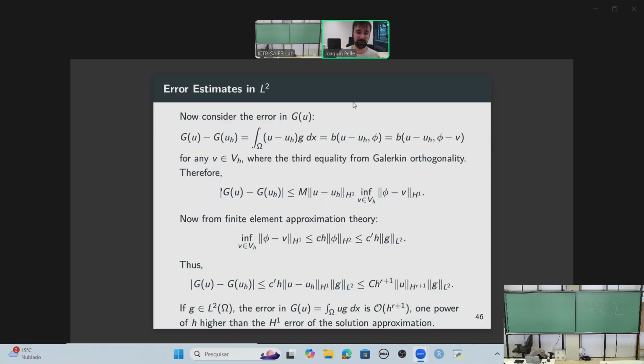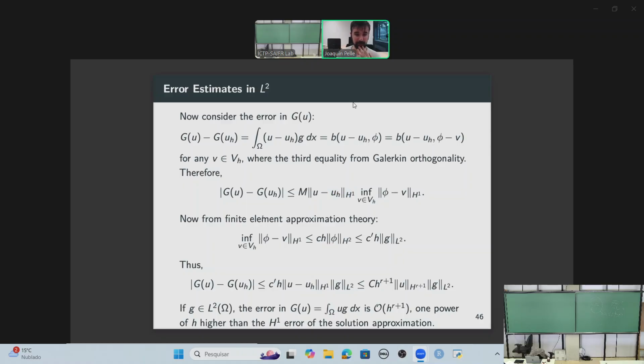We have the absolute value of the error. It can be bounded by the constant m times the H1 norm of u minus uh, times the infimum of this norm here, where v spans over all the finite element space. This comes essentially from the boundedness of the symmetric form. So this allows us to go here.